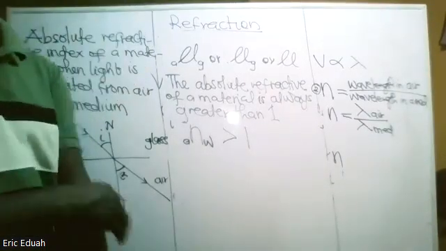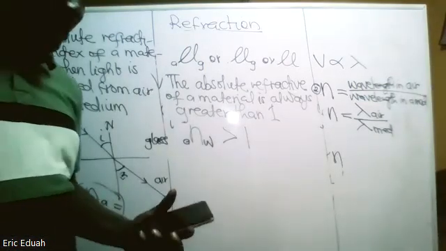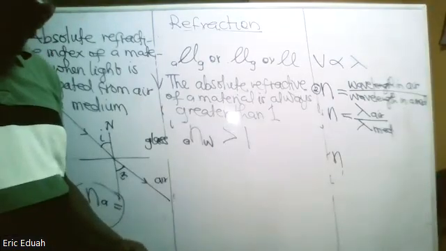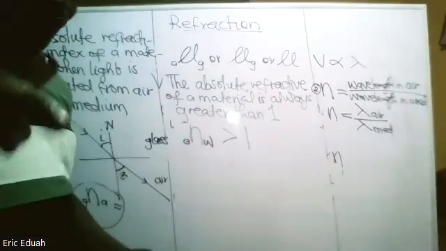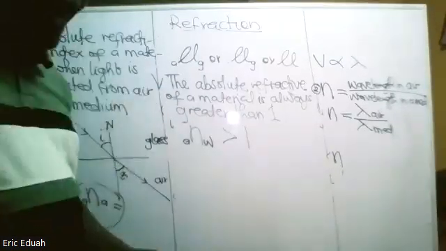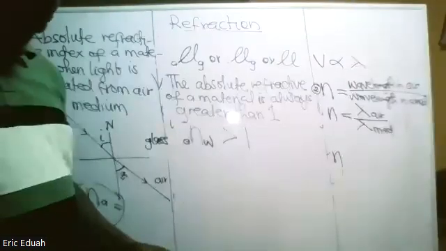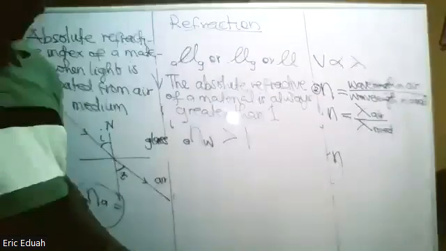Okay, Marvelous, your hand is up. Yes, Mr. Dia, please. Because the numerator, if you are considering speed, then we know that when light is traveling in air, its speed is 3 times 10 to the power 8.